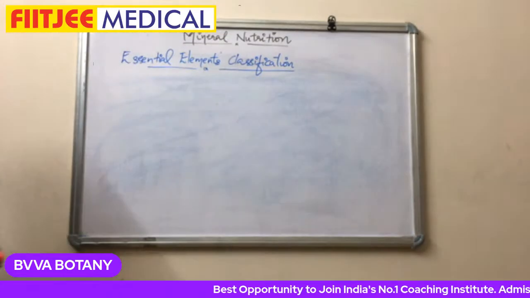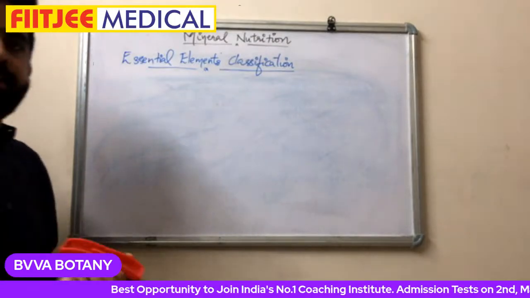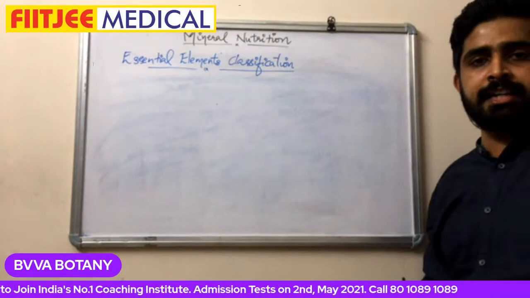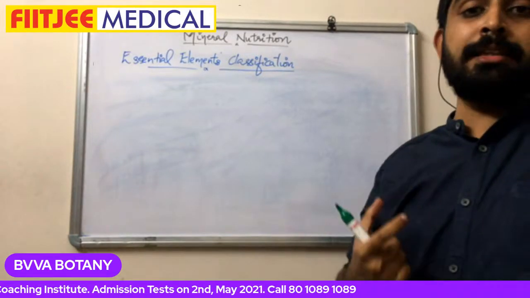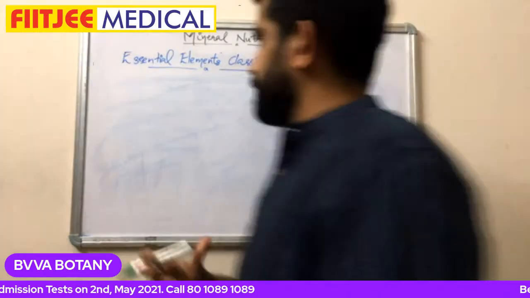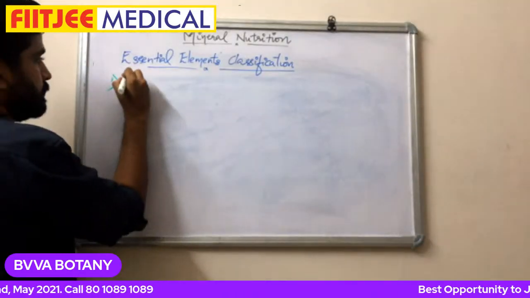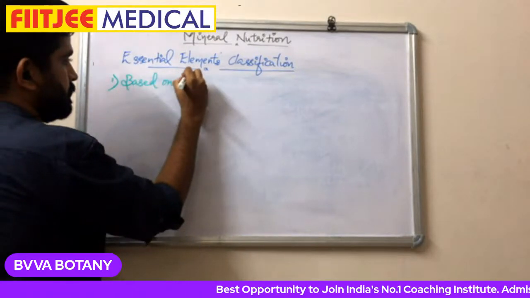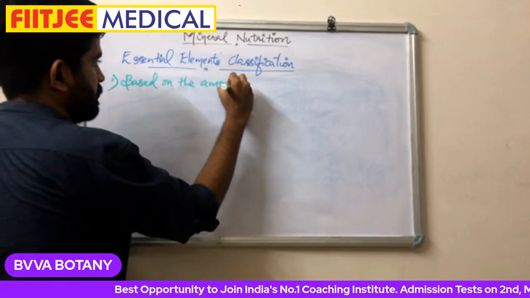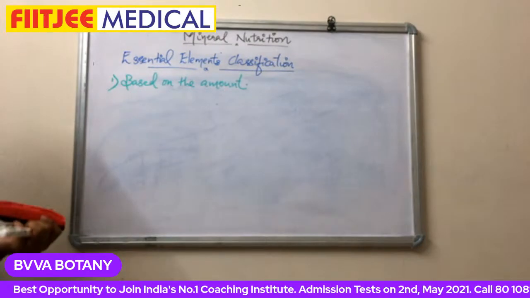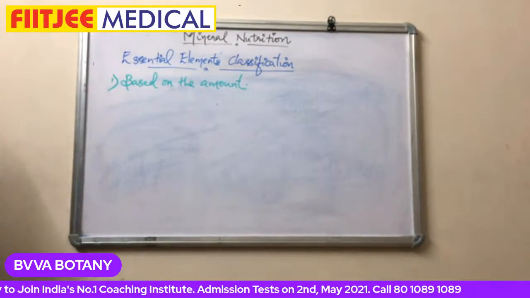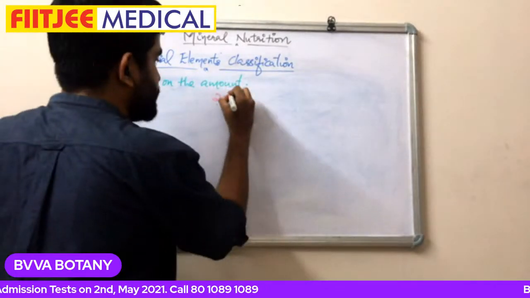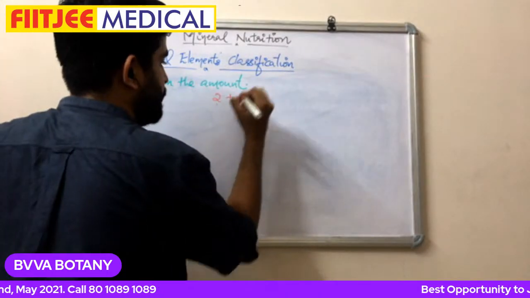Essential elements classification. So there are various criteria for this classification purpose. The first criteria we take is the amount present, or the quantitative measurement. Based on the amount present we are going to classify.